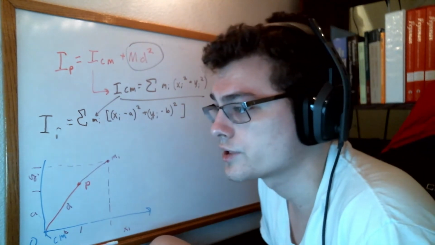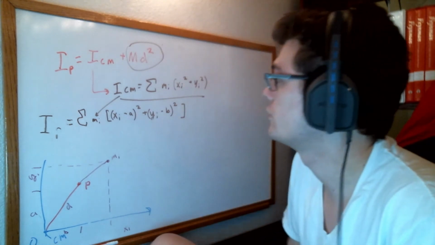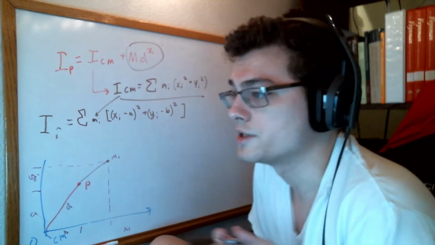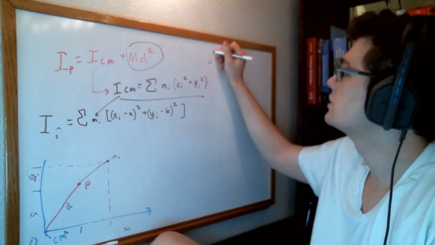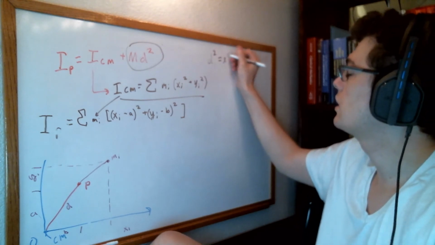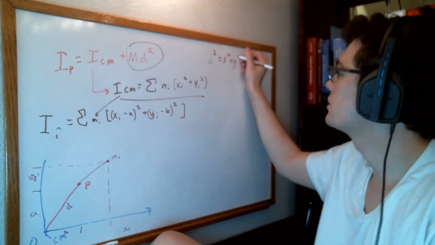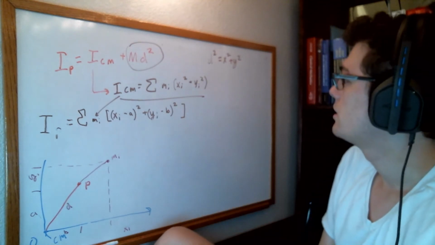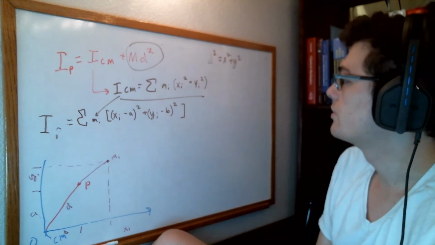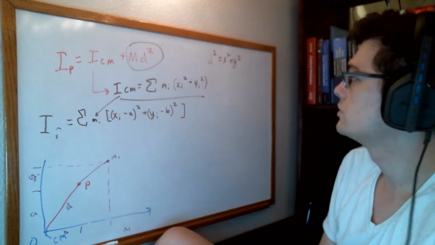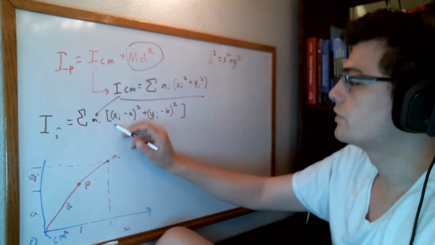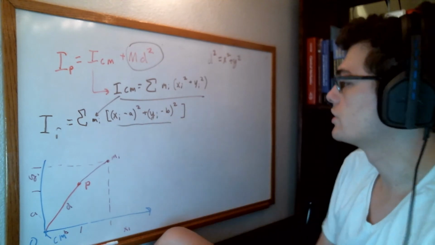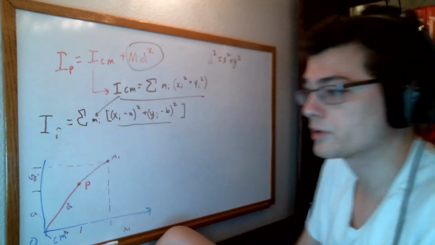And this will give us our formula, because what we've done is we've expanded D here, and because D squared is equal to X squared plus Y squared. And so then from here, we'll be able to use this to form this formulation here.